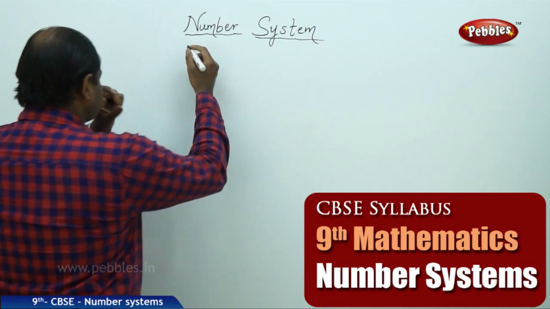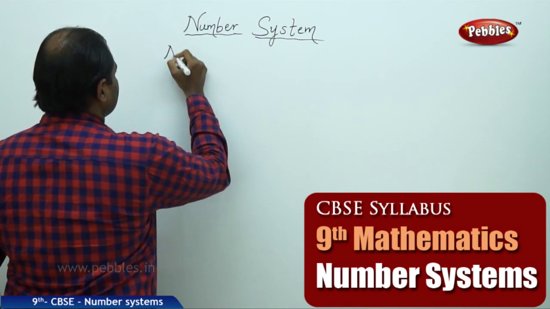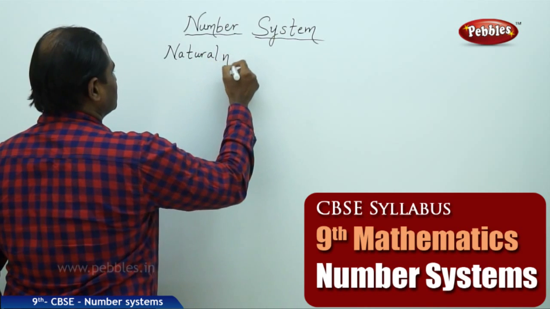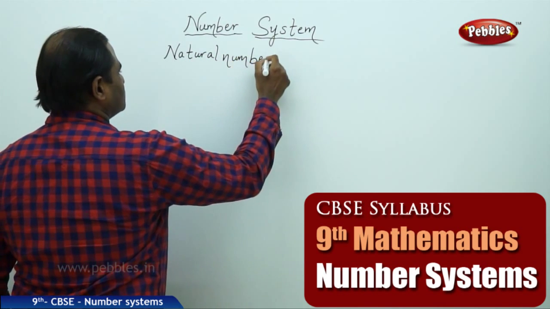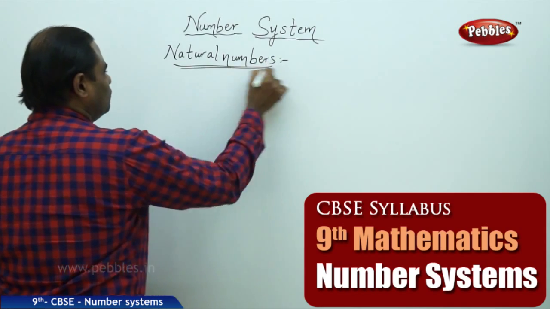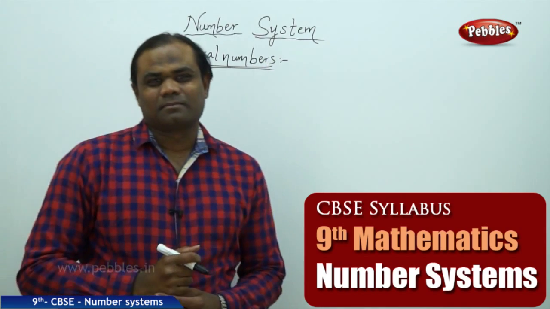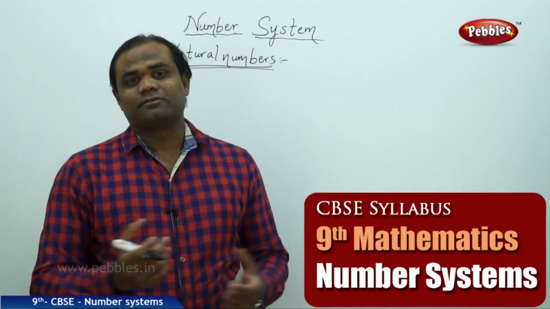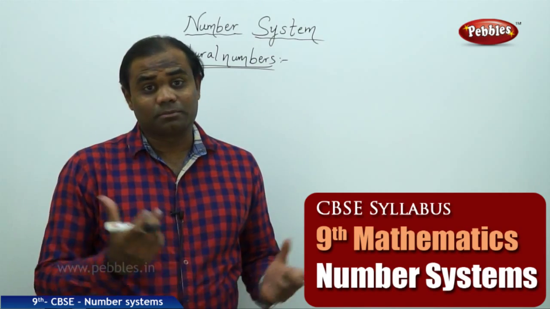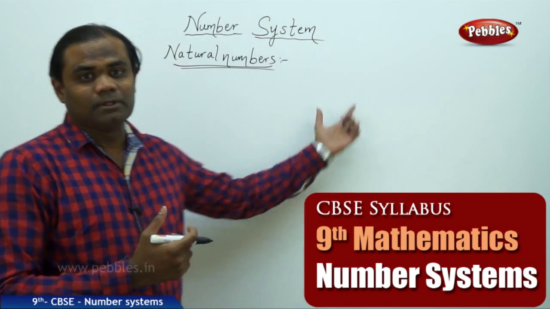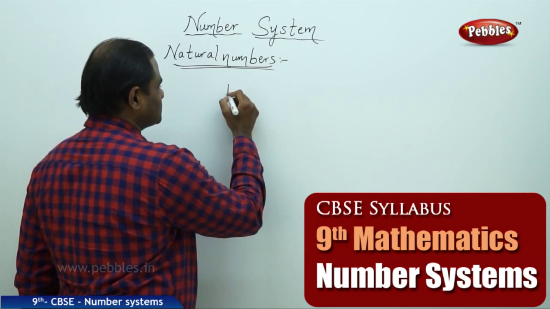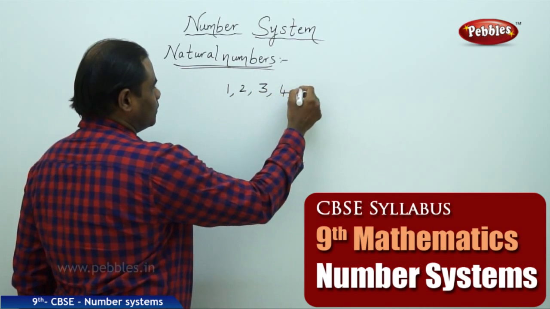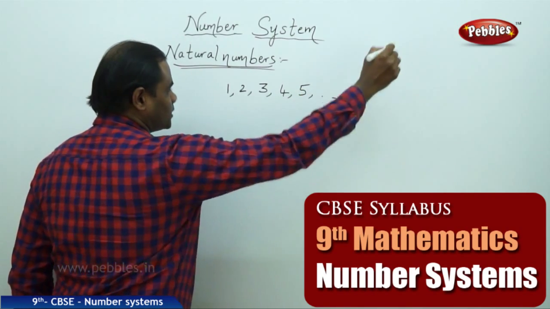Coming with natural numbers. What are natural numbers? Natural numbers are the numbers which cannot be expressed in fraction form other than with the denominator being 1. Say for example, I take the natural numbers to be starting from 1, 2, 3, 4, 5, and so on and so forth.